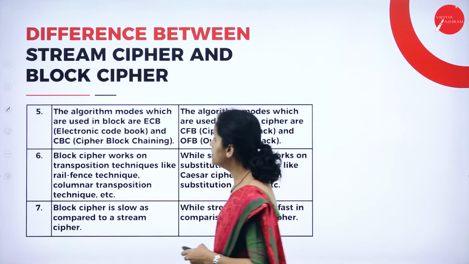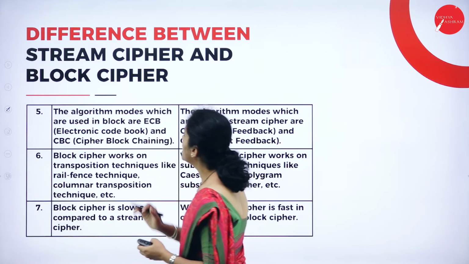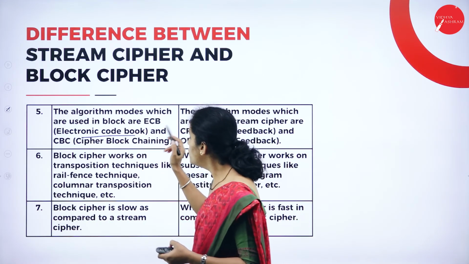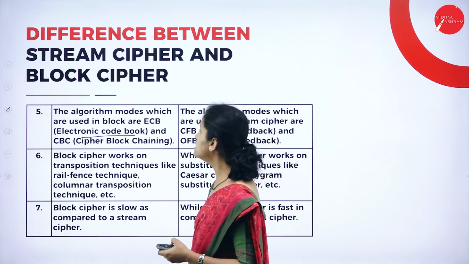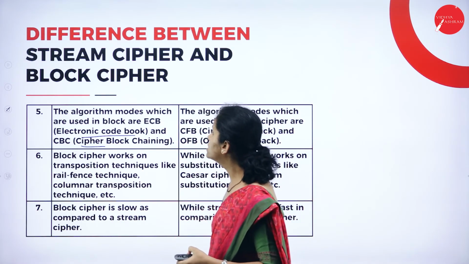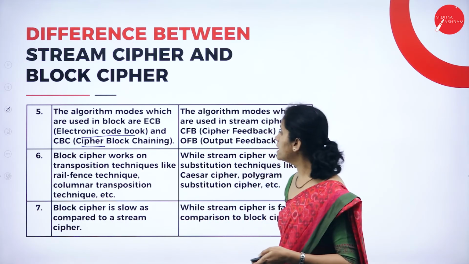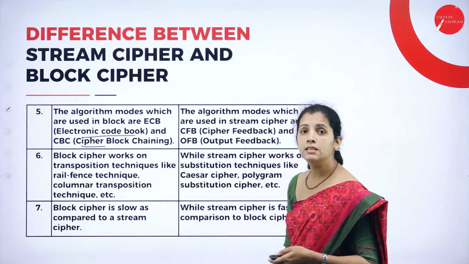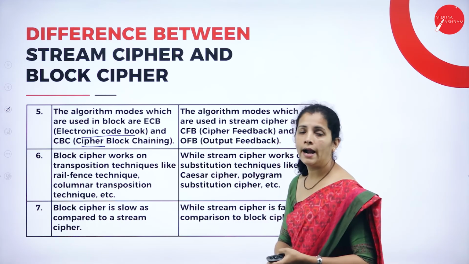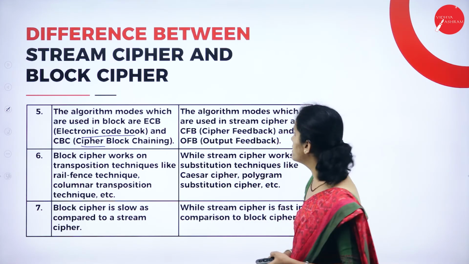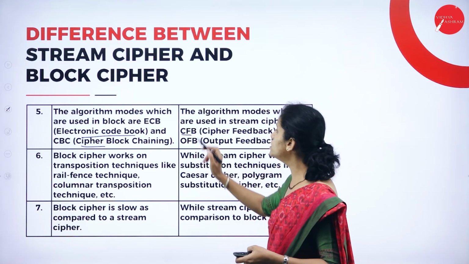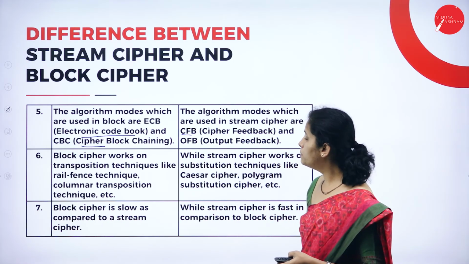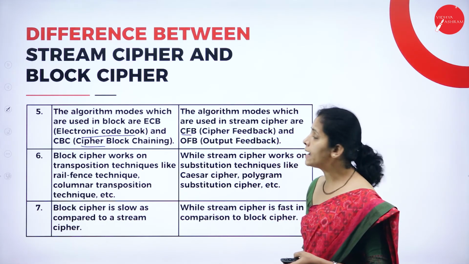Another difference here is that under block cipher we can use the electronic code book algorithm as well as the cipher block chaining algorithm. That means I can use ECB as well as CBC under block cipher. And if I consider stream cipher, I can use CFB, that is cipher feedback, and output feedback.